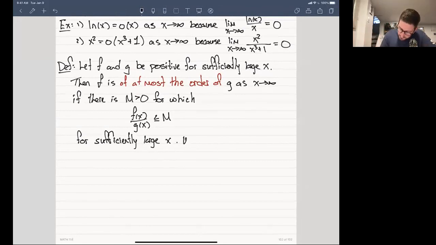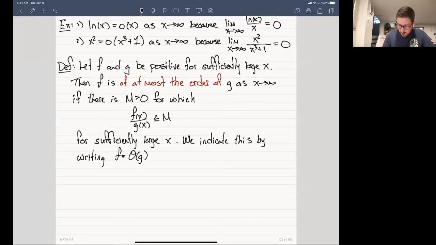And we indicate this by writing f is equal to big O of g. And again, you say it out loud by saying big O of g.